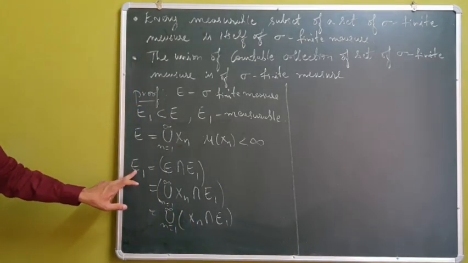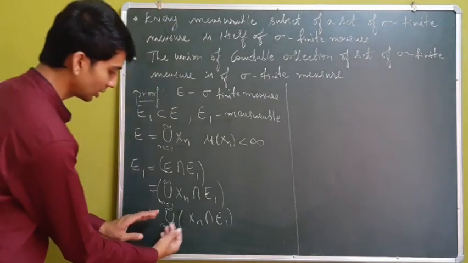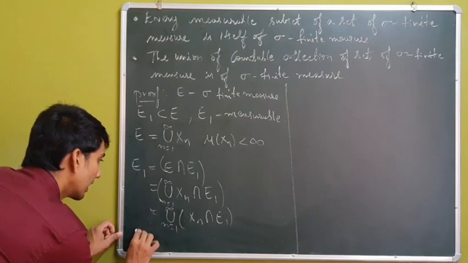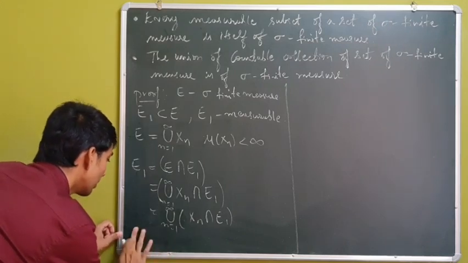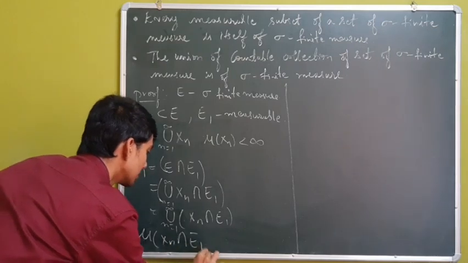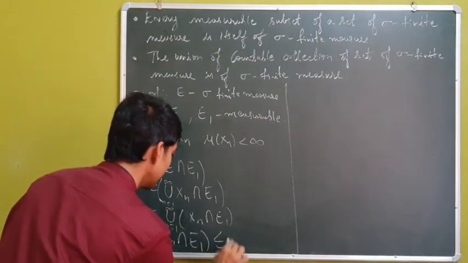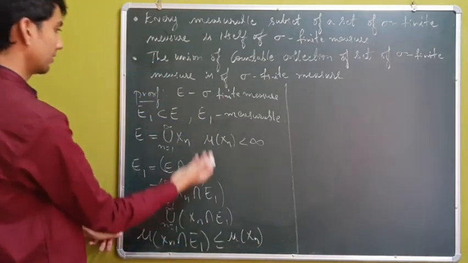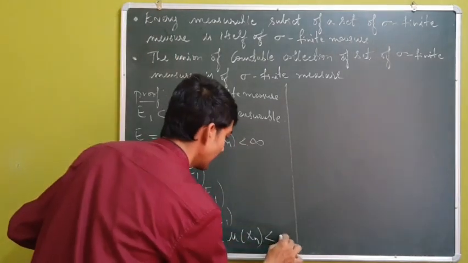So I have now expressed E1 as a countable union of these sets, where the measure of Xn intersection E1 is less than or equal to the measure of Xn, and the measure of Xn is finite.